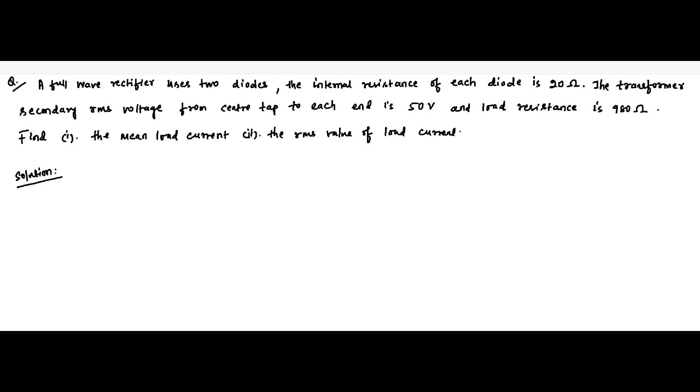Only a center tapped full wave rectifier has two diodes. Bridge type has four diodes. And there is also a direct indication, which is the center tap point. So it is a center tap full wave rectifier. That is the first thing to identify.